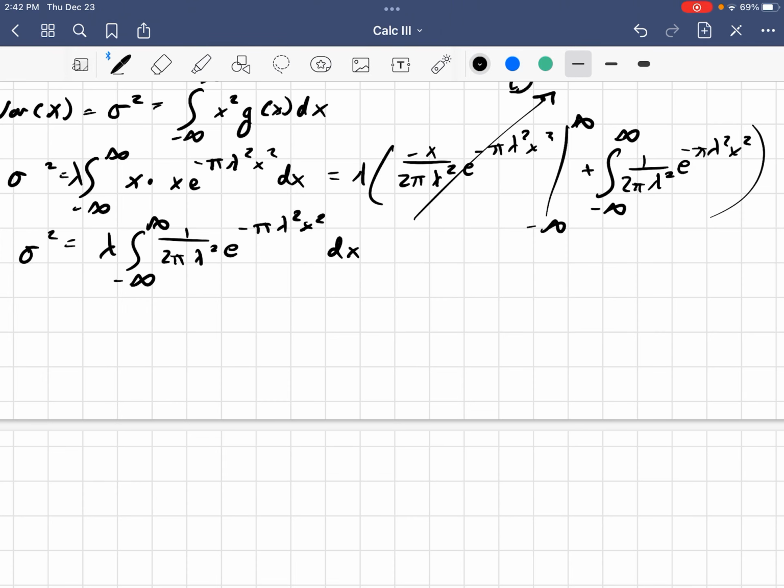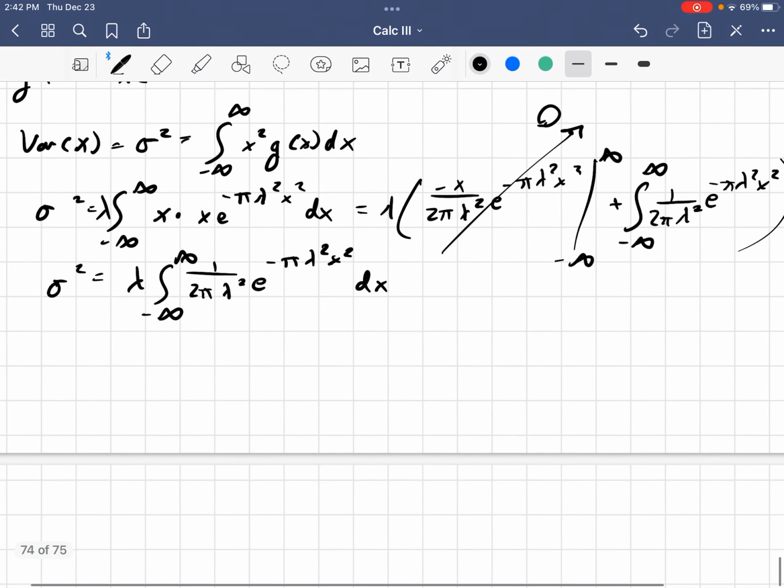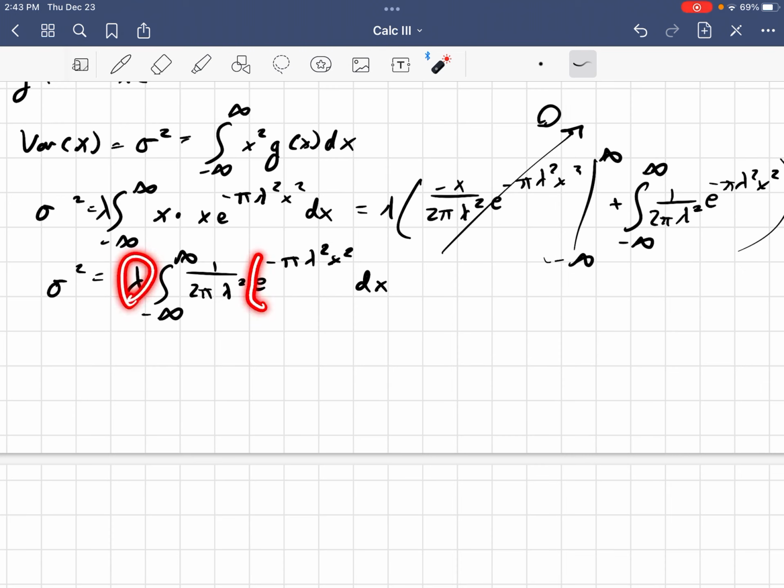Now this might look frightening, but realize that we already established the normalization condition. Our function g of x is really lambda e to the negative pi lambda squared x squared. And if I bring this 1 over 2 pi lambda squared out front, and bring the lambda back in, what do I get?